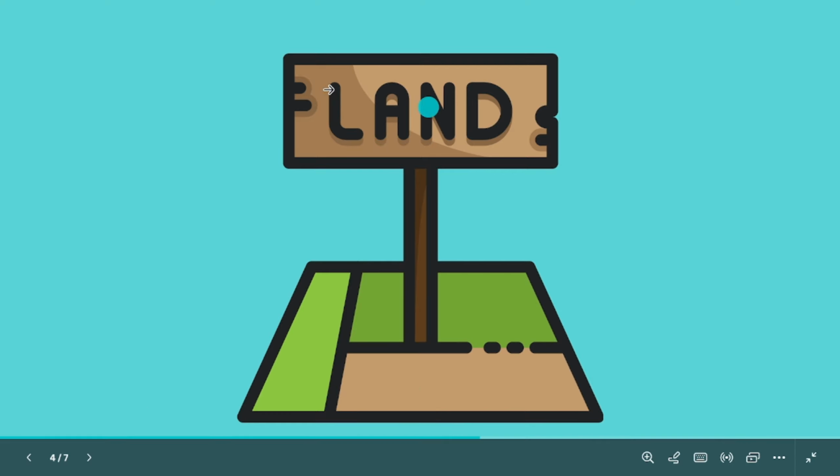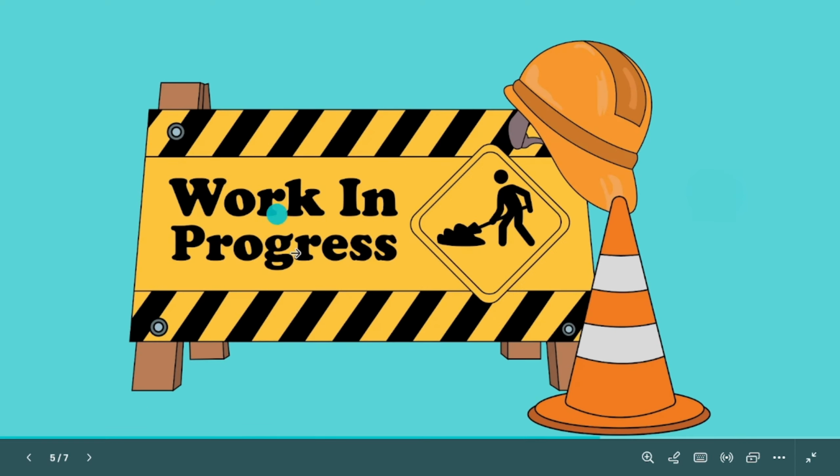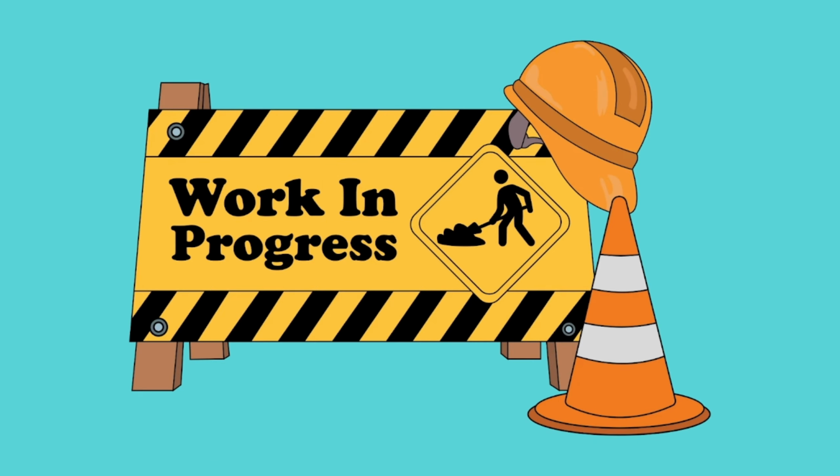So the land is our hosting. Then the work in progress, the construction part, is our web development, where a developer or you yourself develop a website for you. So this construction part is web development or app development, whatever you are doing.